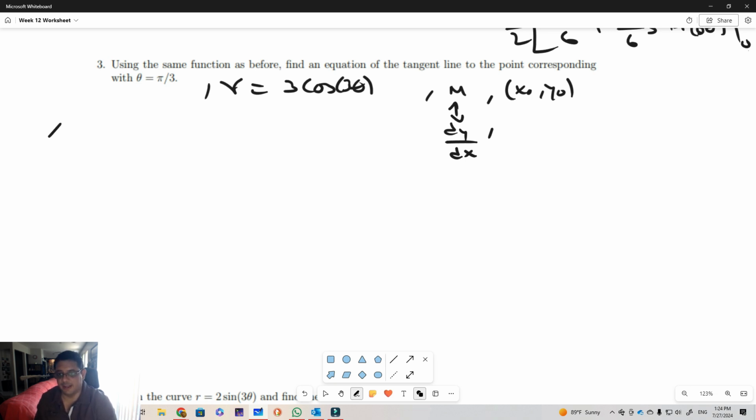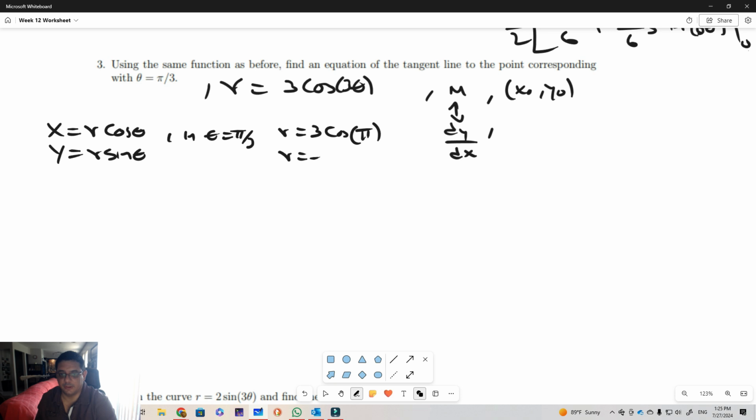But if you think about it, x is r cosine of theta from the translation to polar coordinates, and y is r sine of theta. So I can pretty much find out what that is by plugging in pi over 3. Notice that if I plug in pi over 3, at theta equals pi over 3, r is going to be 3 cosine of pi.